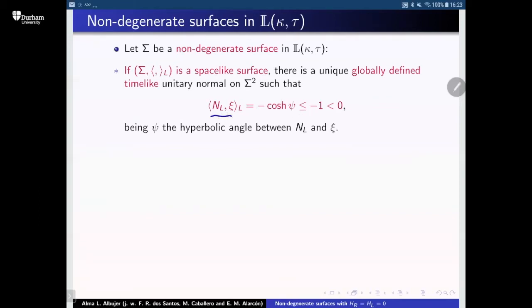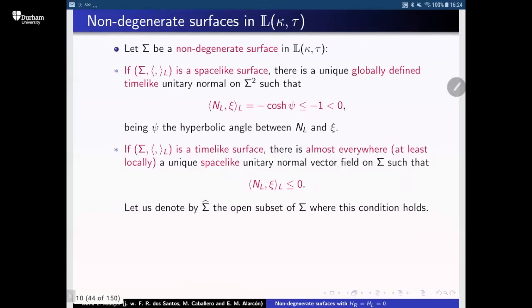The Lorentzian product of the normal vector with the Killing vector field is always less than or equal to -1, so in particular it is negative. And in fact, this product measures the hyperbolic angle between these two vector fields.